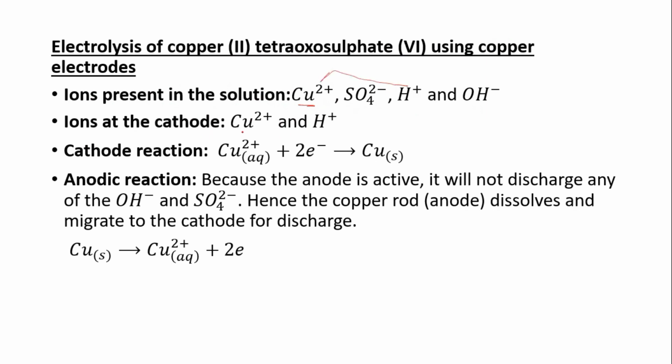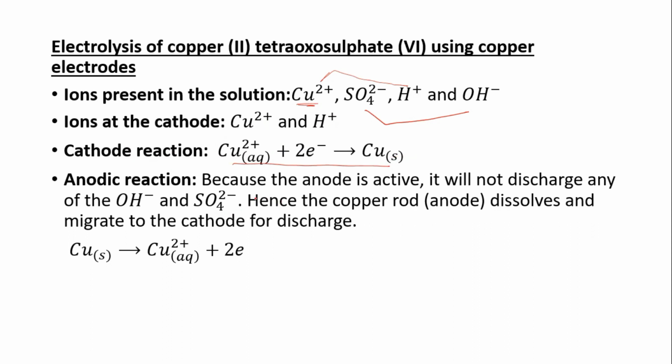So therefore, at the cathode, we have Cu2 plus and H plus, and at the anode, we have OH minus and SO4 2 minus. Now let's talk about the cathodic reaction. Of course, we know that copper being lower than H plus in the electrochemical series is going to be preferentially discharged. And so therefore, we have this equation as the cathodic reaction.